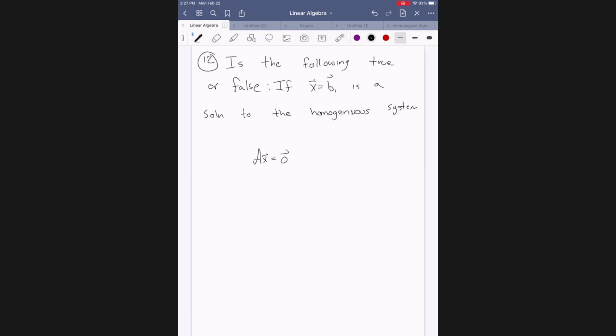That's what it means to be homogeneous. And let's say x equals b2 is a solution to, let me do alpha here, and let's make this one beta, Ax equals b, right?